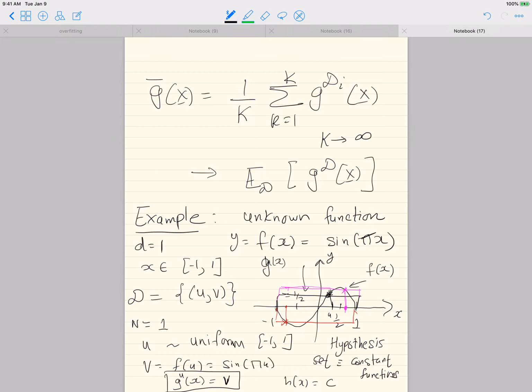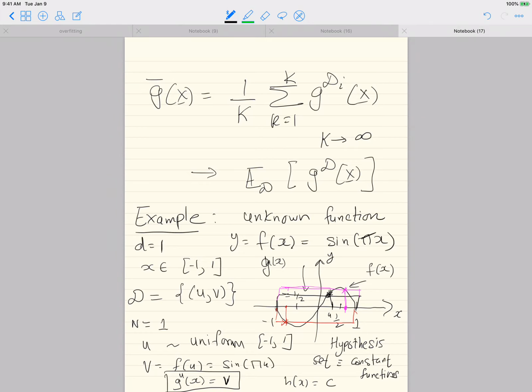Okay. You get u comma v, then your output for this data set is v. Depending on what data you have, you will have a different output. It will be all straight lines. Any questions about this? Now, any ideas what g bar of x will be? What will be the average output in this case?